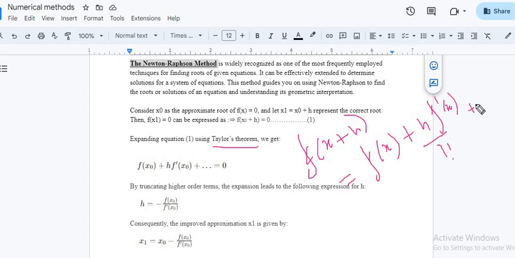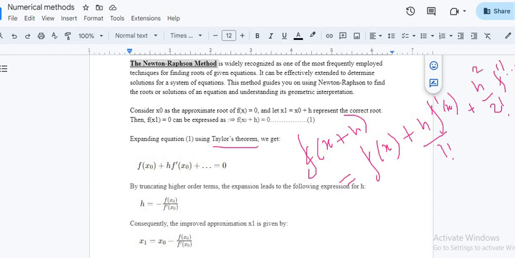Then we can consider h square divided by 2 factorial times the second order derivative, and you can go for higher orders. But here, if you approximate the series, one can derive Newton Raphson from this.